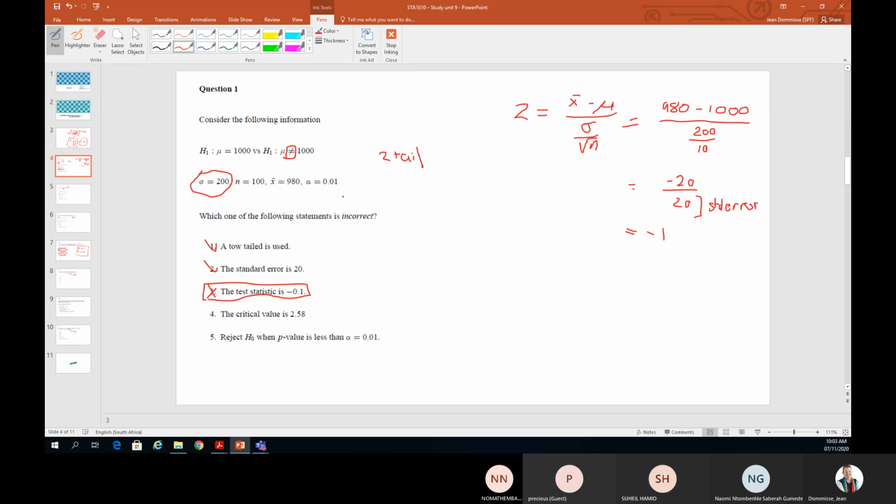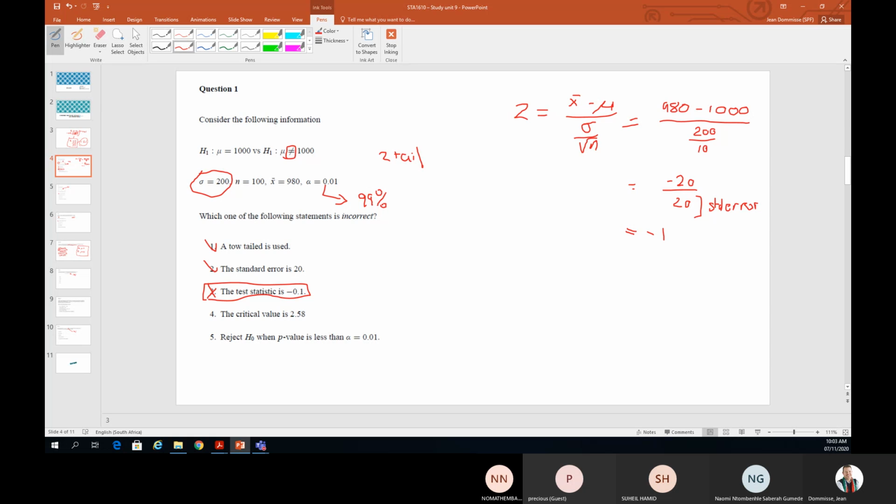Let's just look at the other one as well. So there we set 0.01. So for your confidence interval, we're actually working with 99%. So I'm not even going to go to the table.